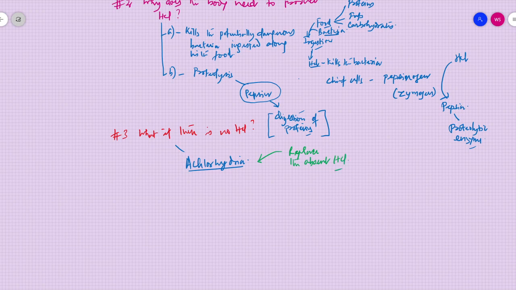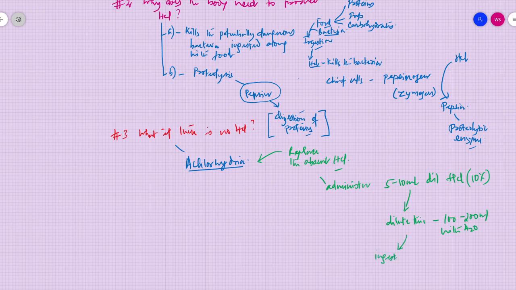So what can we do? We could replace the absent hydrochloric acid. How do we do that? We would administer 5 to 10 ml of dilute HCl. By dilute HCl we mean 10% HCl. We would further dilute this to 100 to 200 ml with water, and then ask the patient to ingest it using a straw.